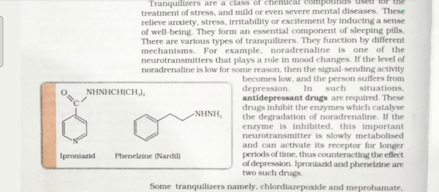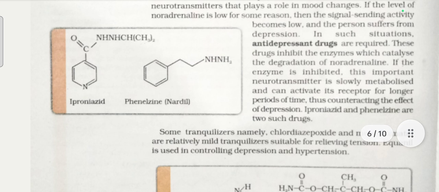These drugs inhibit the enzymes which catalyze the degradation of noradrenaline. If the enzyme is inhibited, this important neurotransmitter is slowly metabolized and can activate its receptor for a longer period of time, thus counteracting the effect of depression.